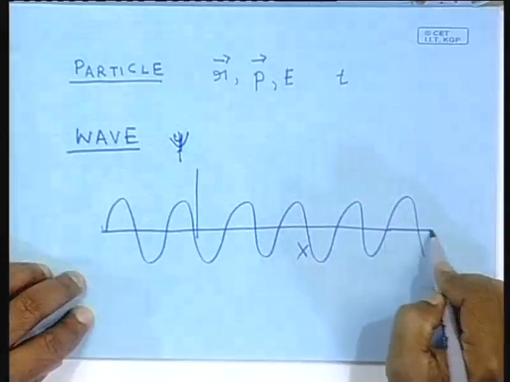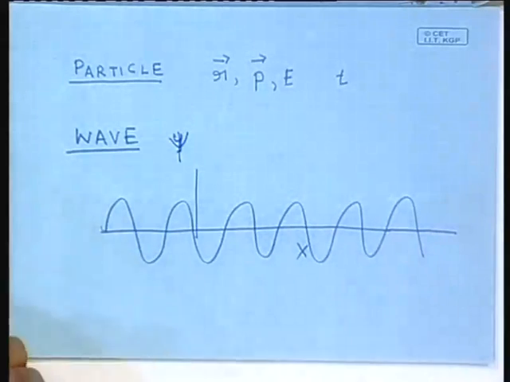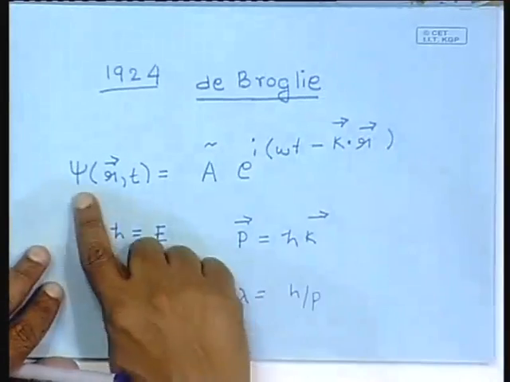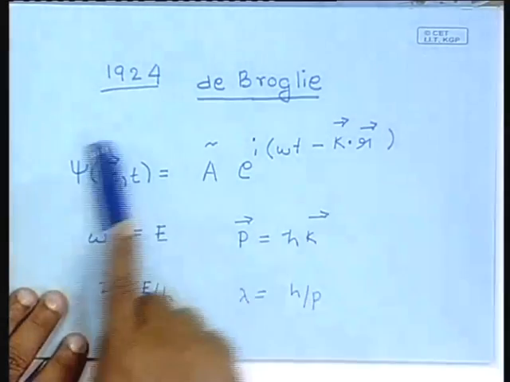So, if you ask the question, where is the wave distributed, all along the x axis, it is defined over the whole of space. So, the wave is not defined at any one unique point, it is defined all over space. You could ask what is the value at any point. So, this particular wave is defined all over space.